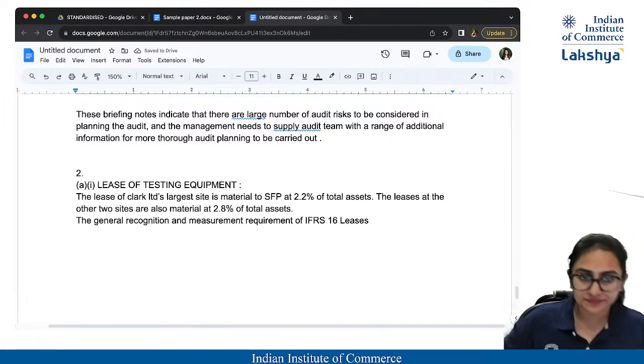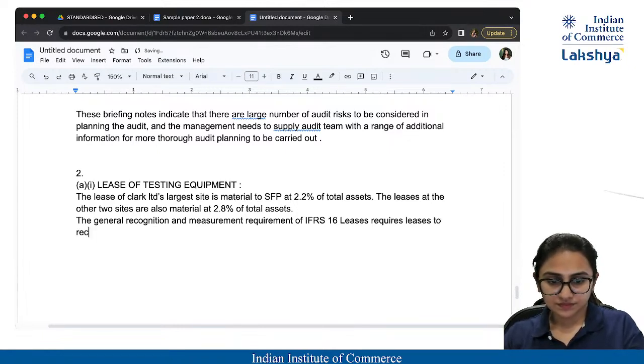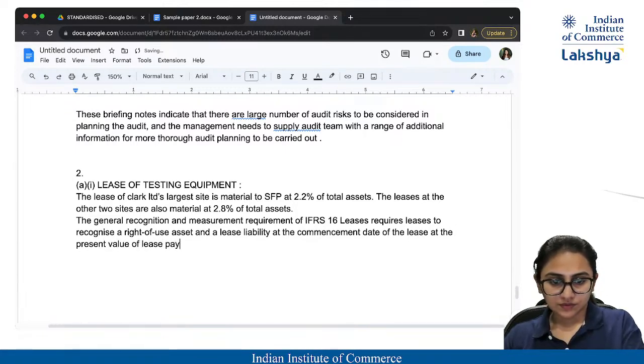According to IFRS 16, leases and the lease liability at the commencement date of the lease are recognized at the present value of lease payments.